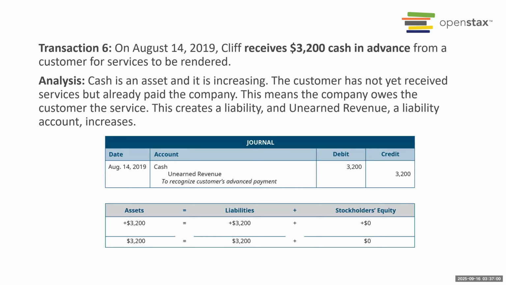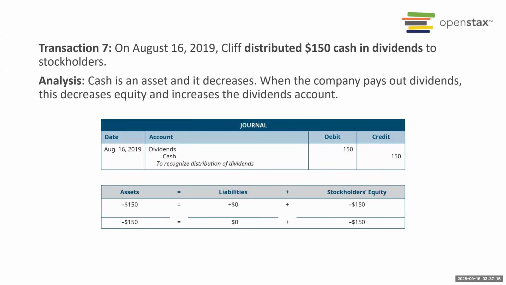We received $3,200 cash in advance from a customer. Cash is debited $3,200. Unearned revenue is credited $3,200. So assets increase $3,200 and liabilities increase $3,200. We distribute $150 in cash dividends. Dividends is debited $150 and cash is credited $150.